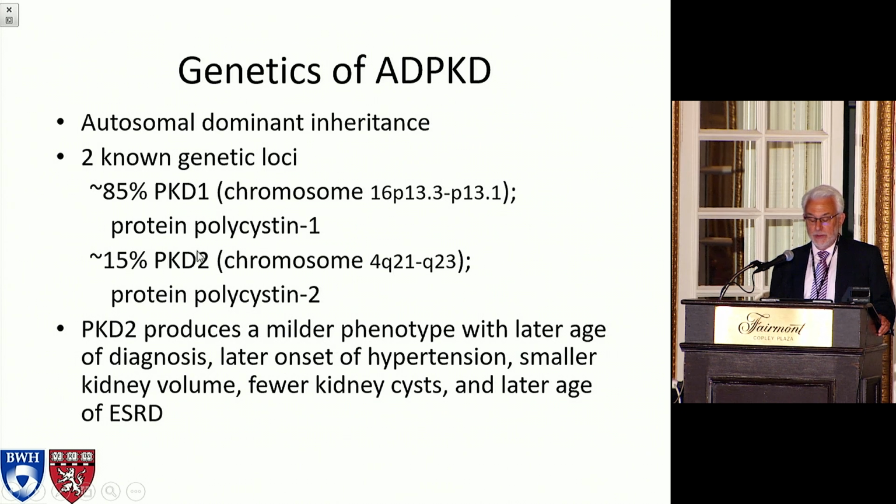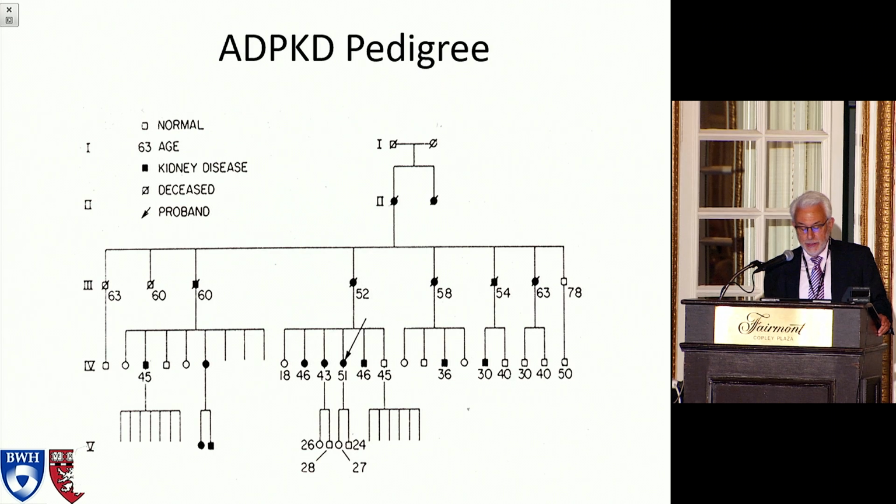About 15% of individuals inherit the disease due to PKD2, which encodes a protein called polycystin 2. And the diseases are phenotypically identical, except PKD2 results in a milder disease with later age of diagnosis, later onset of hypertension, smaller kidneys, smaller numbers of cysts, and later age of ESRD.